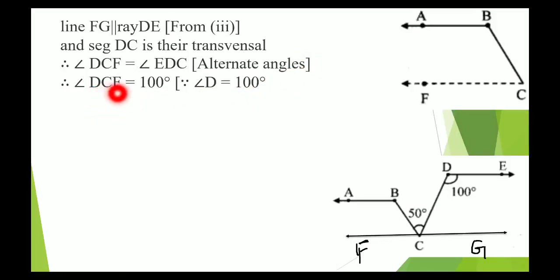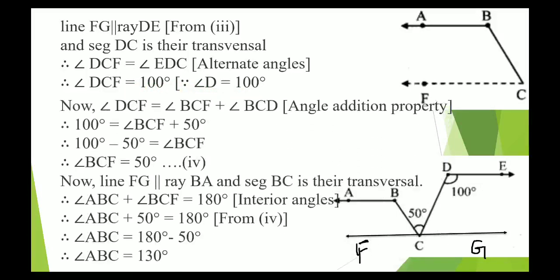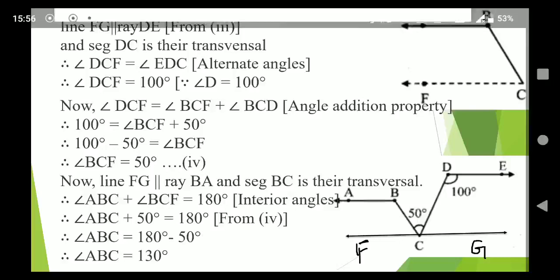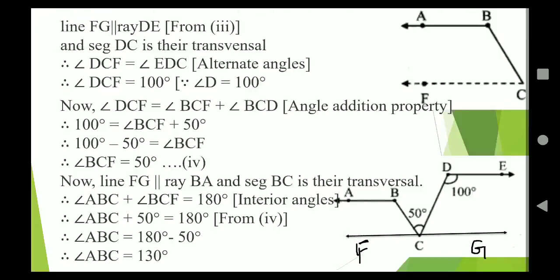Angle DCF is equal to 100 degrees, since we know that angle D is equal to 100 degrees. Now DCF is equal to angle BCF plus angle BCD, angle addition property. If we see DCF, there are two angles in that, angle DCB and BCF.